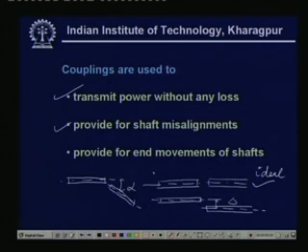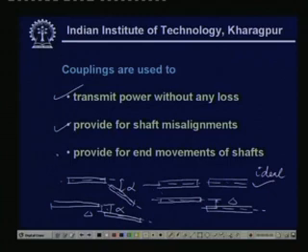There may be a combination of these two, where the shafts are angularly misaligned, with angle alpha between the two axes, and there is also offset delta. So, there are four kinds of misalignments and those are to be avoided, but normally this misalignment occurs in practice and it is difficult to avoid.